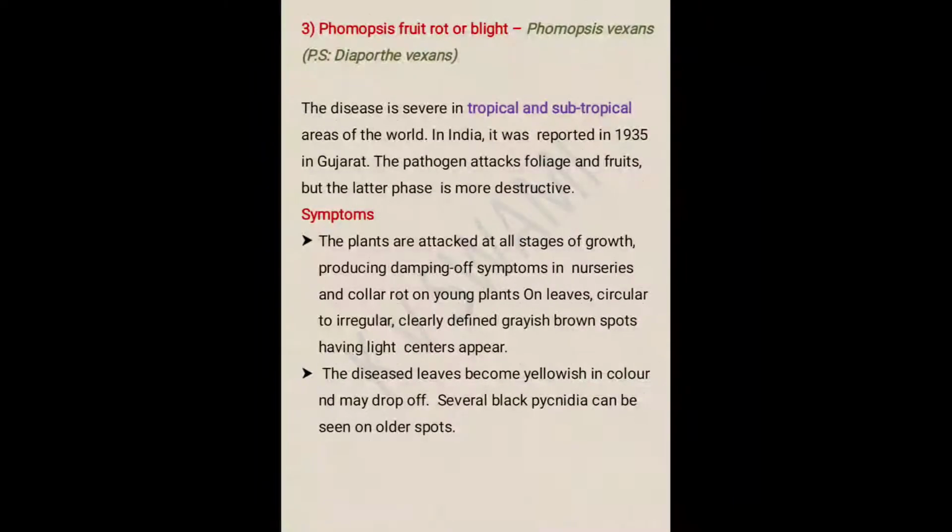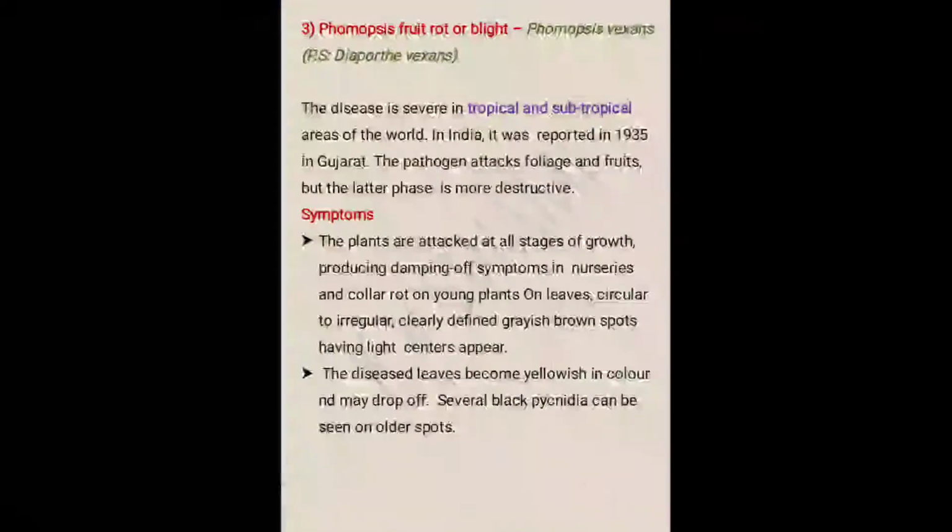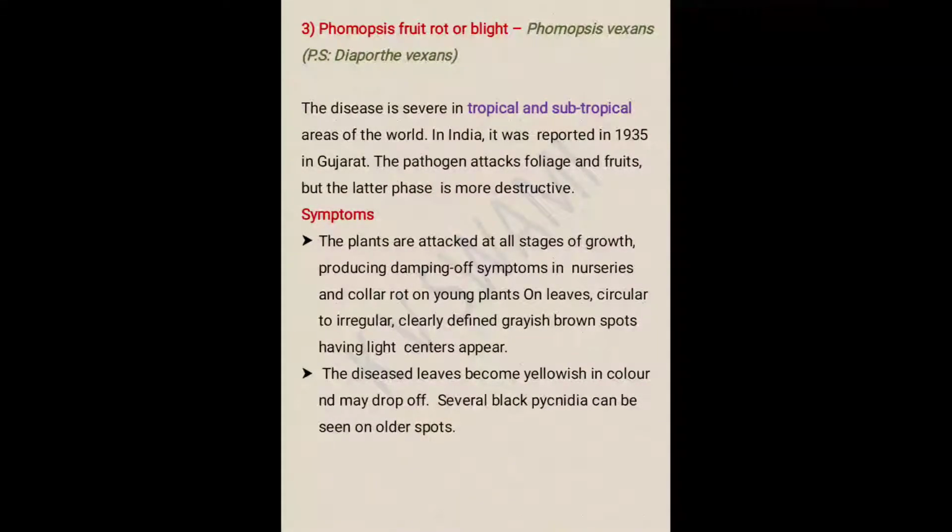Let me see symptoms. The plants are attacked at all stages of growth, producing damping off symptoms in nurseries and collar rot on young plants. On leaves, circular to irregular, clearly defined grayish brown spots having light centers appear. The diseased leaves become yellowish in color and may drop off.